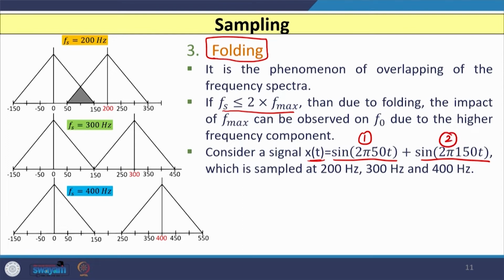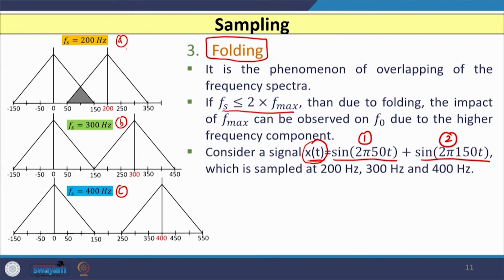And let us assume this signal x(t) is acquired at three different sampling frequencies: the first, let us say, 200 hertz, the second 300 hertz, and the third 400 hertz. Now, consider the same x(t) acquired at 200 hertz sampling frequency.